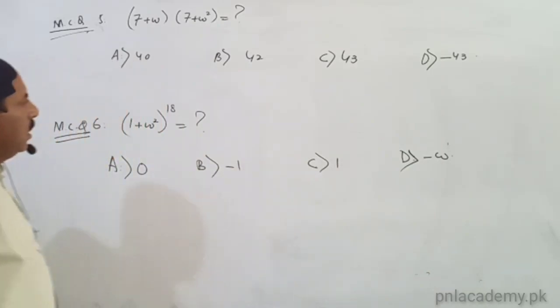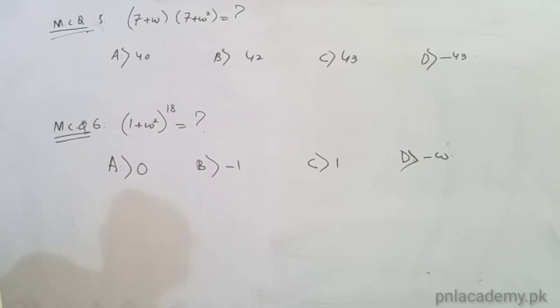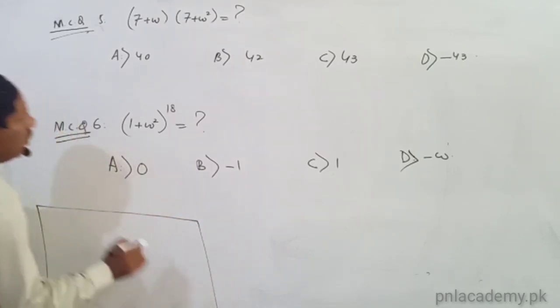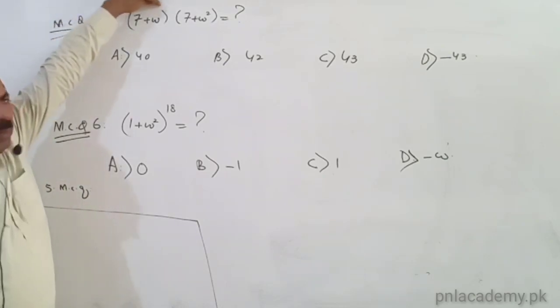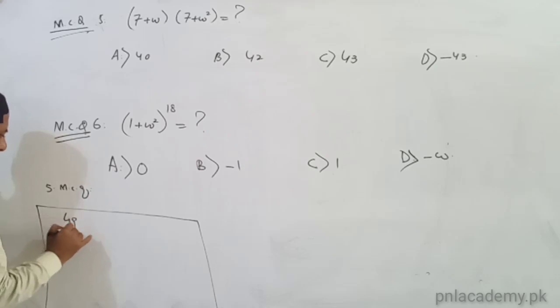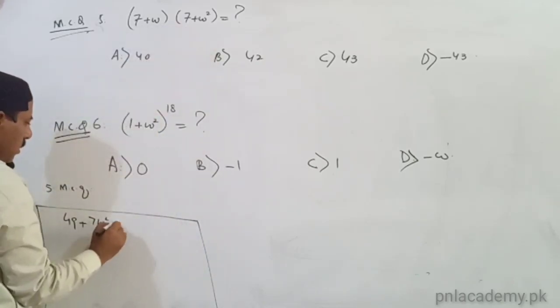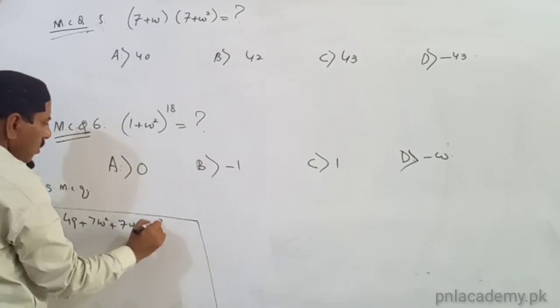So according to MCQ number 5, after having the multiplication, 7 7s are 49, 7 into omega square is 7 omega square, omega into 7 is 7 omega, omega into omega square is omega cube.